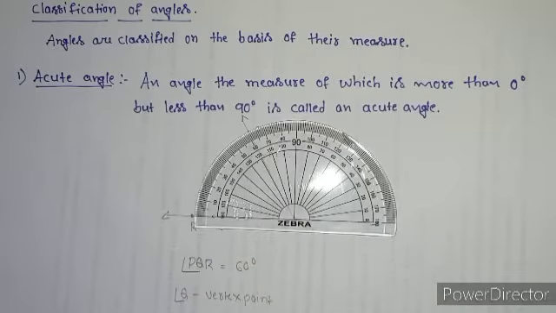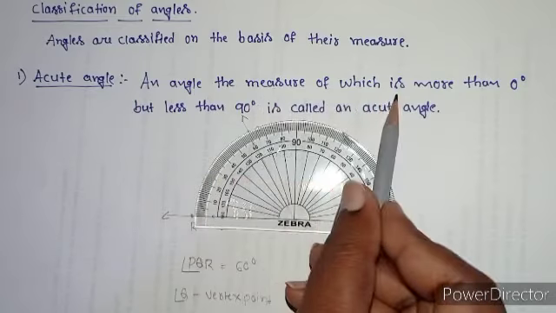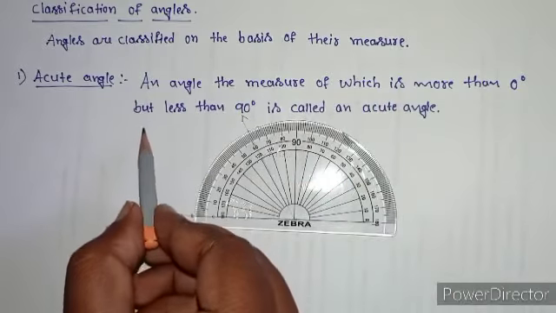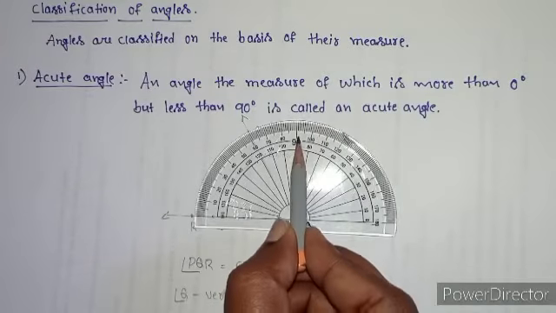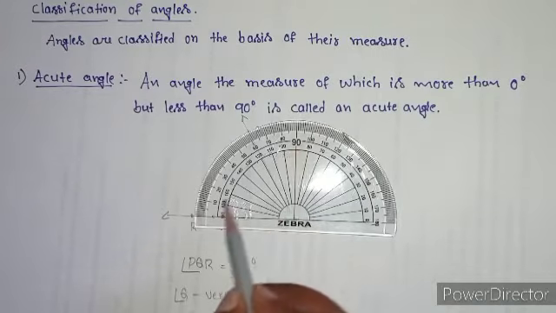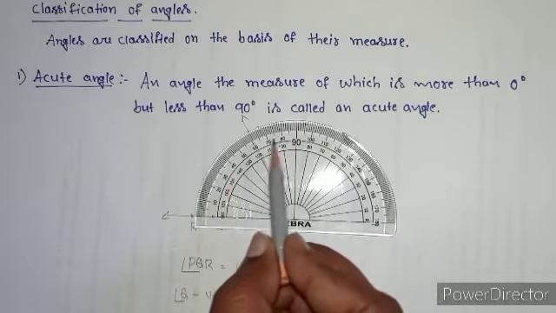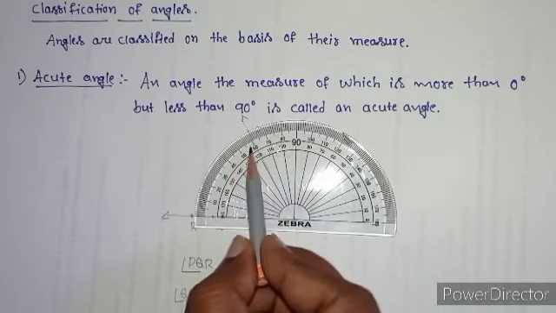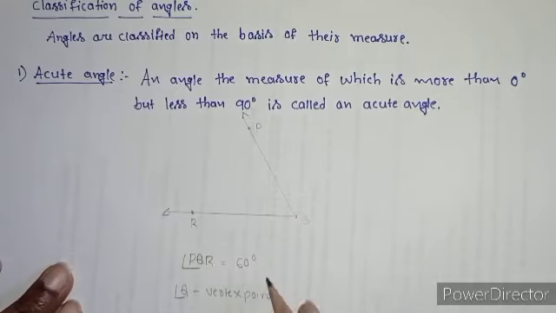Acute angle means the angle whose measure is more than 0 degree but less than 90 degree. This is 90 degree and this is 0 degree. So PQR is an acute angle.